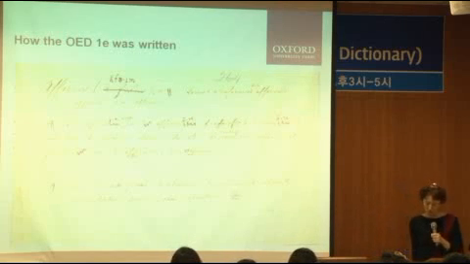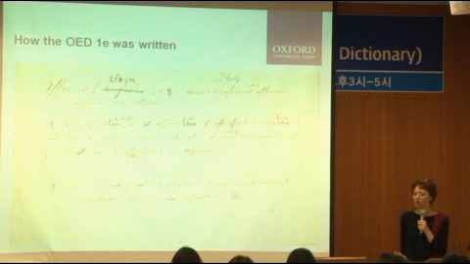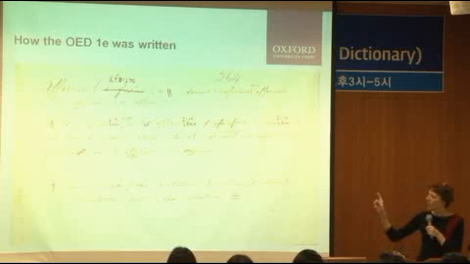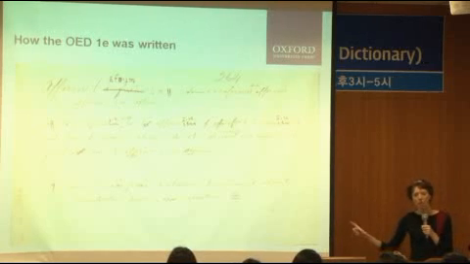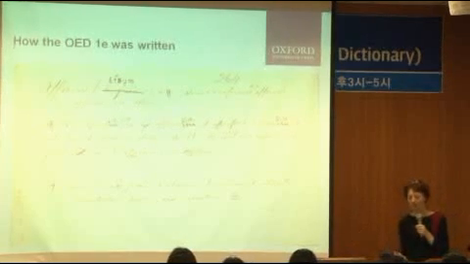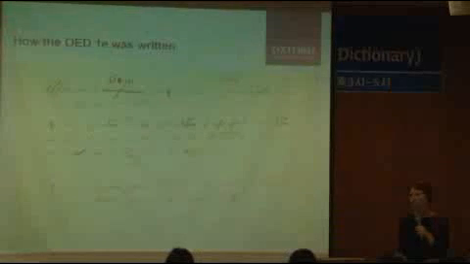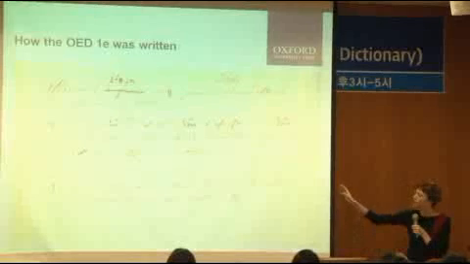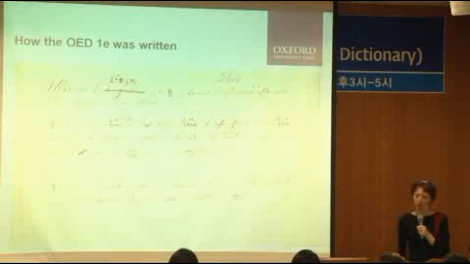Okay, so a little bit of background on how the OED was written originally. Each entry was written out on a paper slip like this, and this is in the original handwriting of Sir James Murray. So this is the entry for affirm.